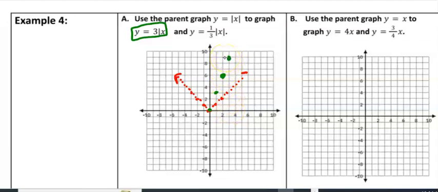Everybody see what I did there? And I'll do the same thing with the other ones. And I'm going to draw my new absolute value. Does anybody see an easier way to do it?